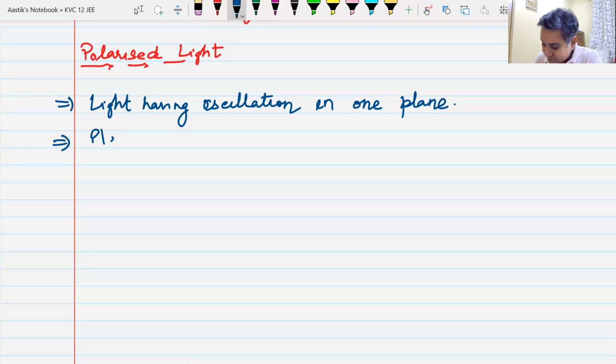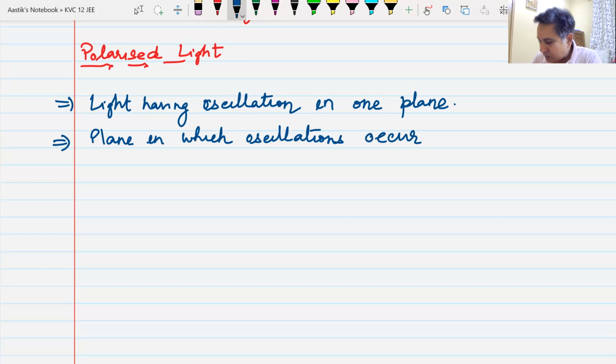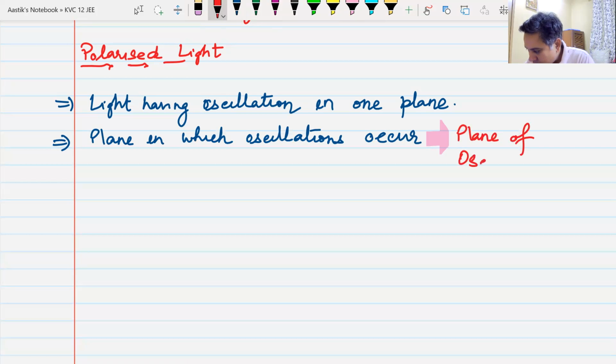The plane in which your oscillations occur is known as the plane of oscillation. This entire chapter is based on these small things.